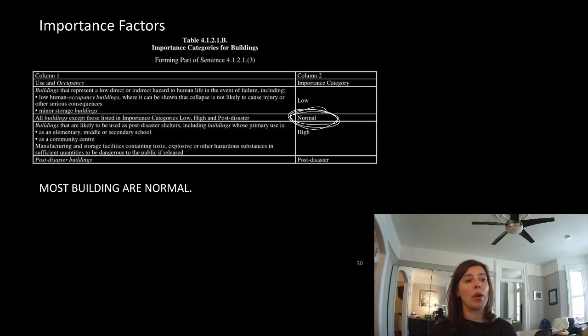A high importance factor would be where we need our building to not function after a disaster, but we need it to be a safe space for people to gather after a disaster. I always think of Hurricane Katrina, where people went to the stadium. Turns out the stadium didn't fare well in the hurricane either.